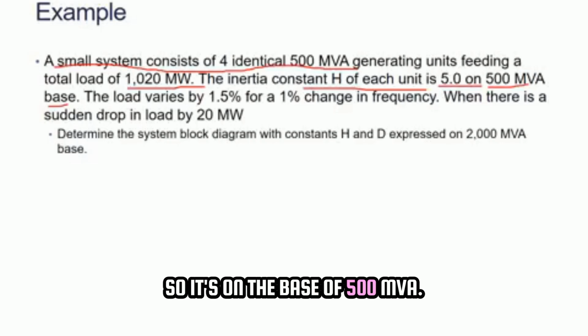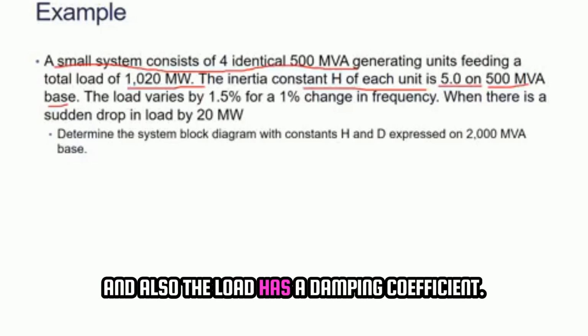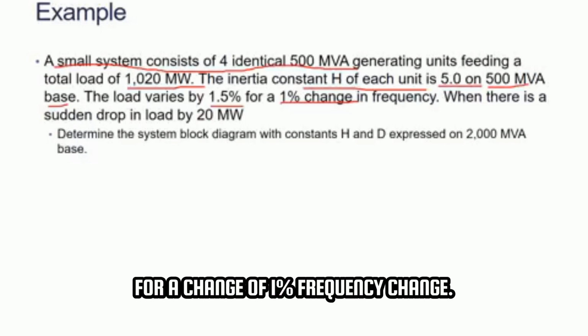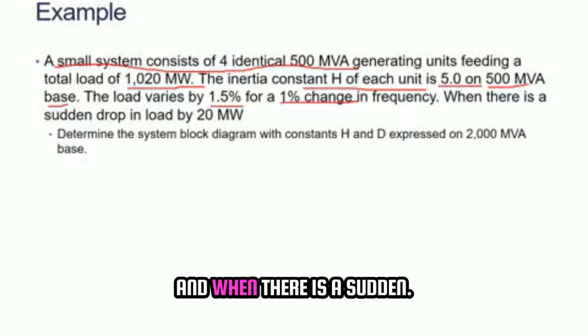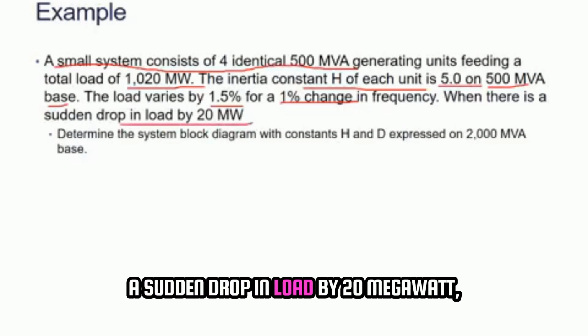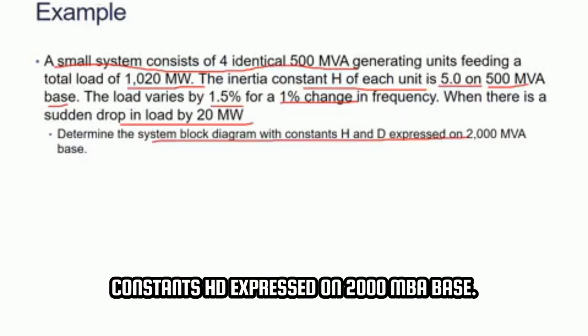Also the load has a damping coefficient: the load varies by 1.5% for a change of 1% in frequency. And now the question is, when there is a sudden drop in load by 20 megawatt, determine the system block diagram with constants H, D expressed on 2000 MVA base.